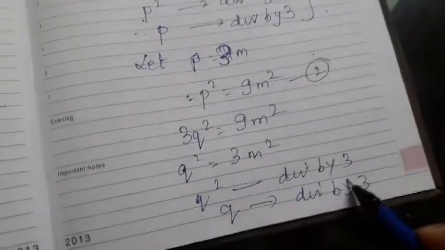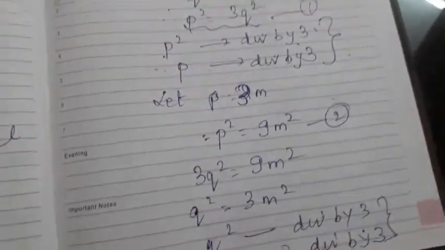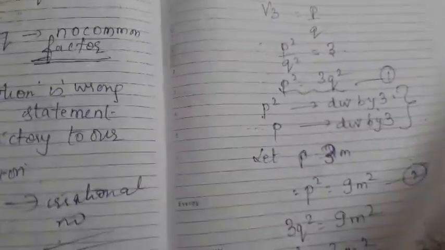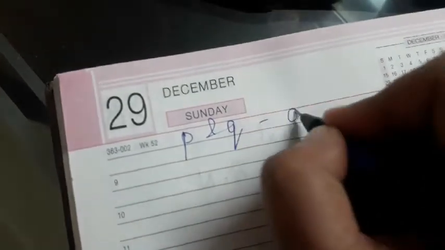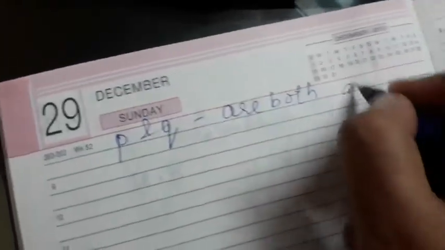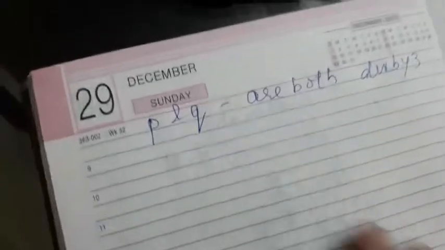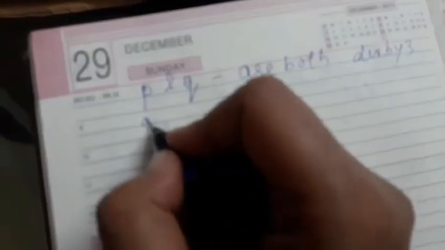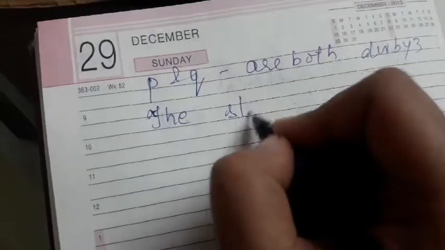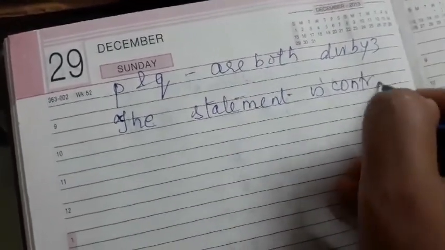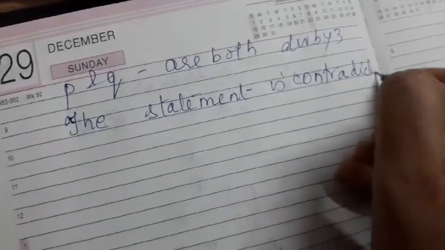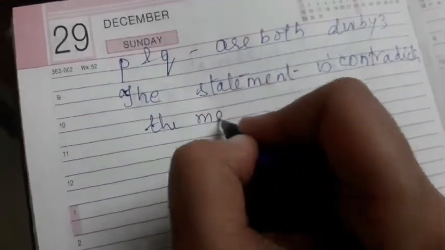So when I look at this point and this point, we now write that p and q are both divisible by 3. Yes, so therefore this statement is contradicting the main statement.